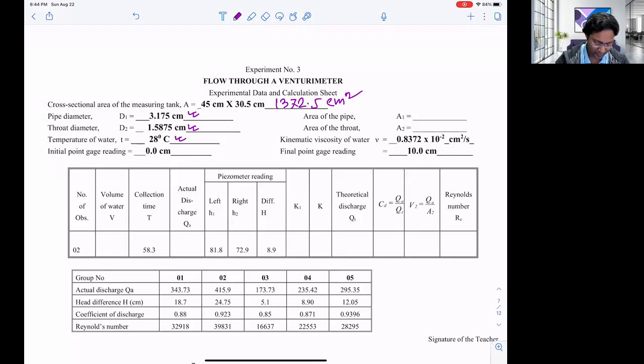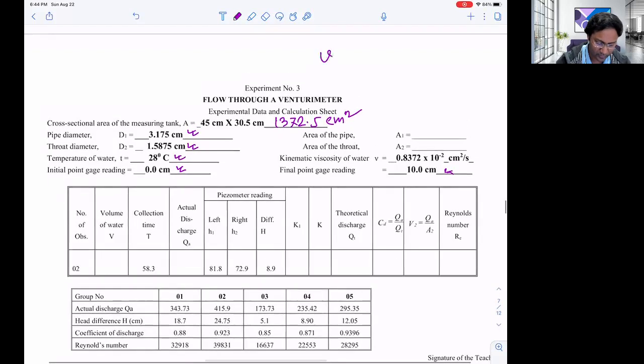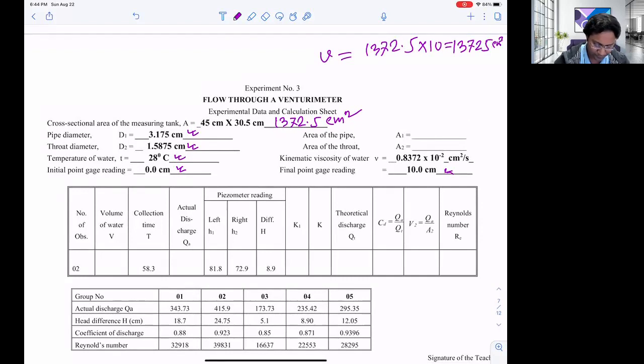We also have the initial gauge as before, and the final gauge 10. So what will be the total volume of water? The total volume V will be 1372.5 into 10, as before, 1372.5 centimeter cube.